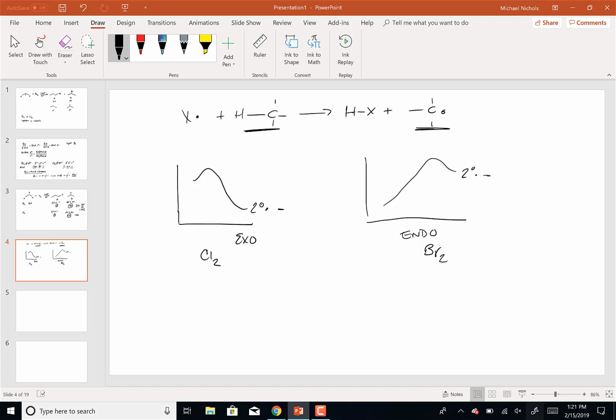So it's the reaction, whether it's endo or exothermic, that's going to explain to us why bromination's more selective, meaning a bigger difference in percentages of tertiary, secondary, and primary than is chlorination. It's because of the endo or exothermicity of the reaction.